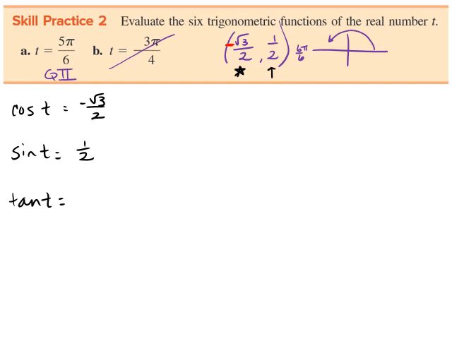And then tangent is sine over cosine, which gives me negative root 3 over 3 once I rationalize the denominator. The reciprocal of cosine is secant. When I take the reciprocal of that, I have negative 2 over root 3, but then I want to rationalize the denominator, and this will give me negative 2 root 3 over 3.